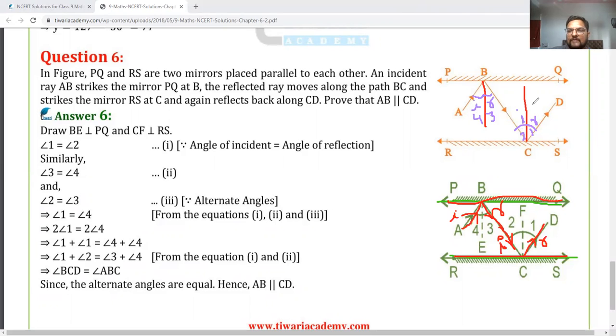Now we have to prove that the incident ray AB and the reflected ray CD are parallel to each other. How can we do this? It's very simple. Let me explain. We know the law of reflection, that the angle of incidence is always equal to the angle of reflection.